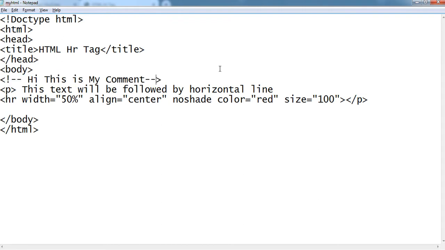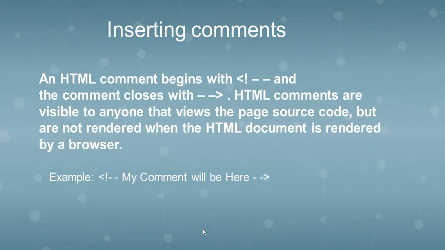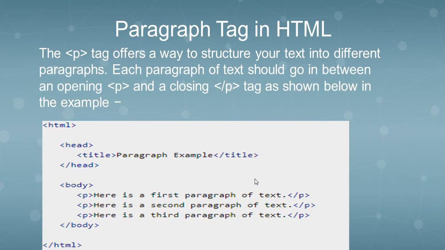Now we will go to the next topic of the day, the paragraph tag in HTML. In the first practical, while we were using the horizontal line, I used the paragraph tag. A paragraph is actually a bunch of lines categorized as a set of continuous lines.